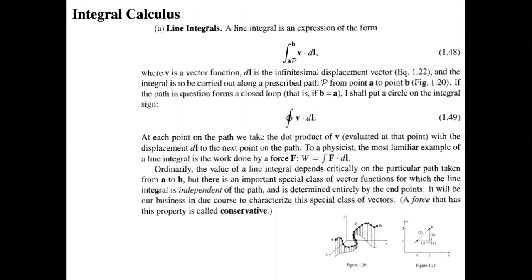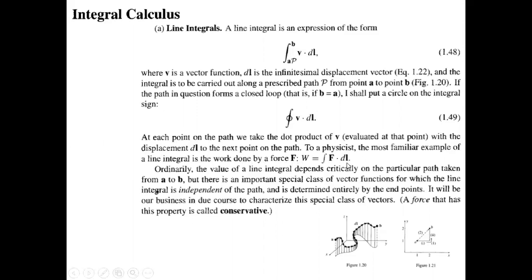Now a few more mathematical terms that we need to understand are line integrals. For a physical vector like v, if we have a small displacement like delta L, it is written this way. The best way to understand this is to think about work done by a force F. Then work is given by F times the displacement.